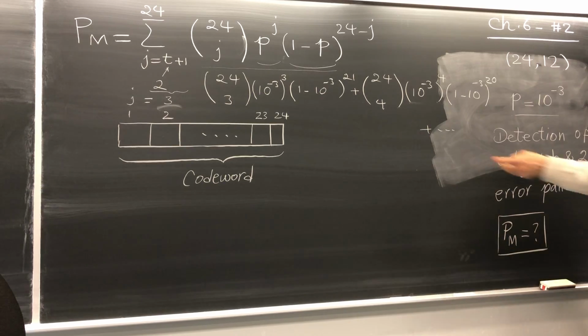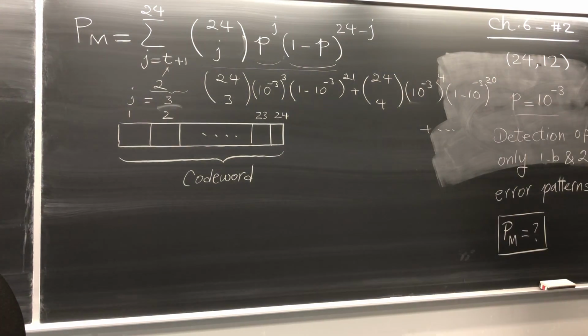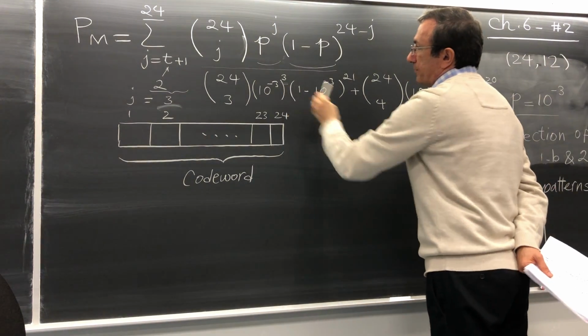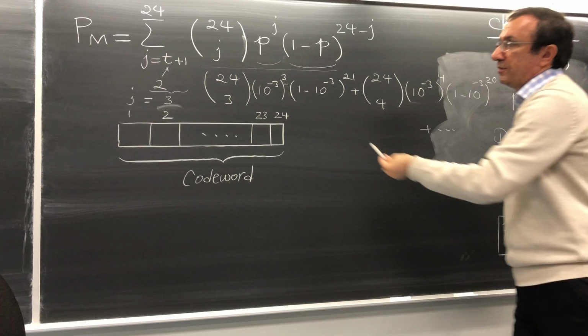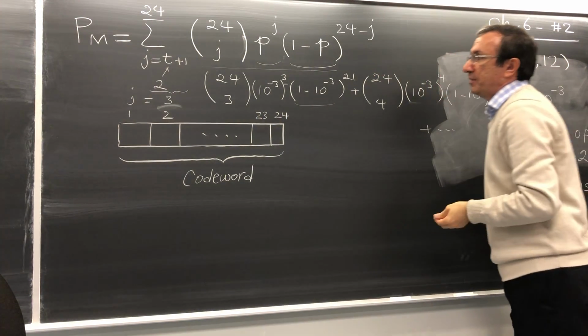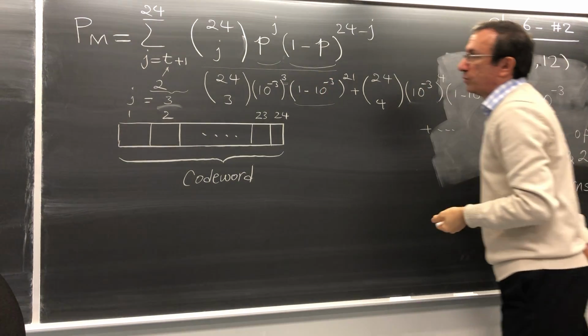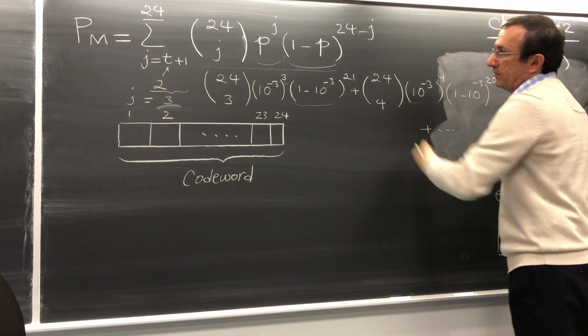So just take a look at this first term. We have a very, very small number to the power of 3. Of course, this would be a very small number. How about this term? This parenthesis returns a number pretty close to 1 to the power of 21.